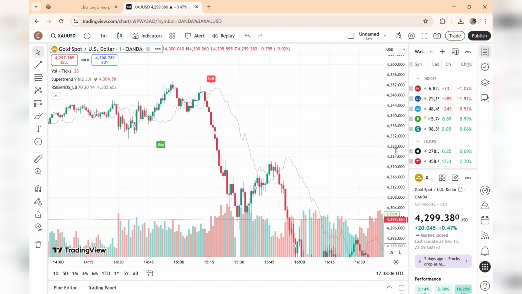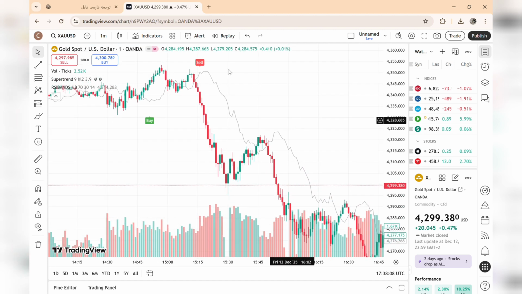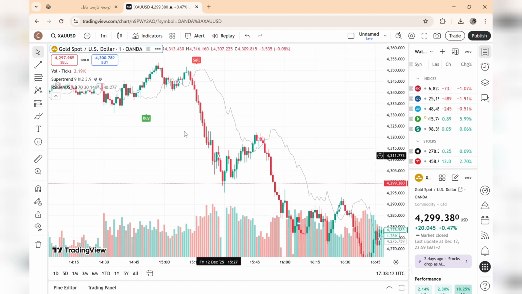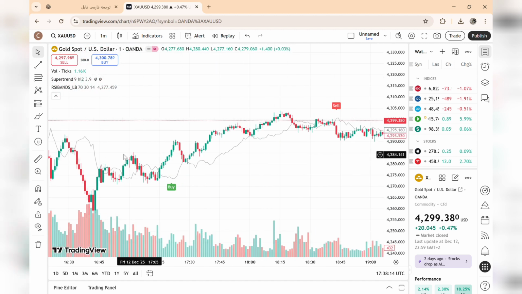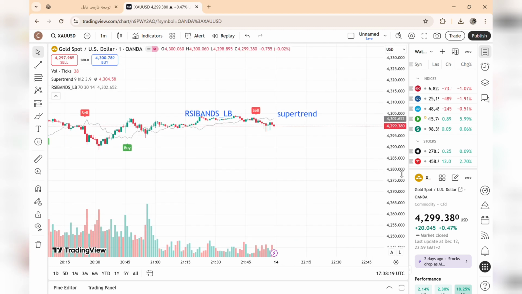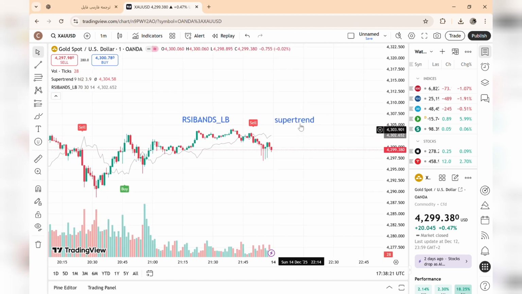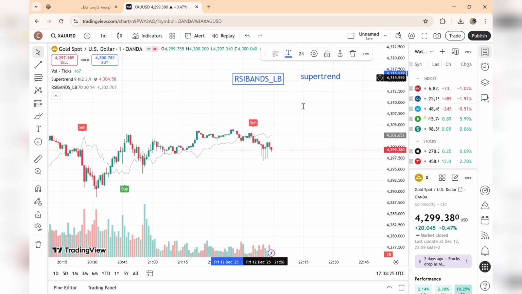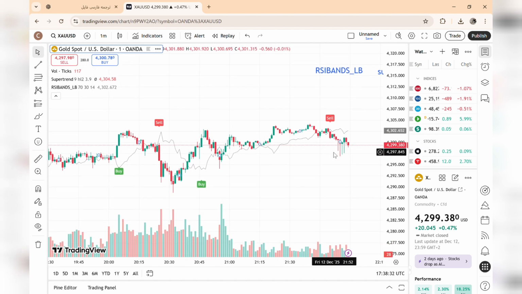This is for gold in 1 minute time frame. This is the name also of the first and second indicators, and here is the live of the market.